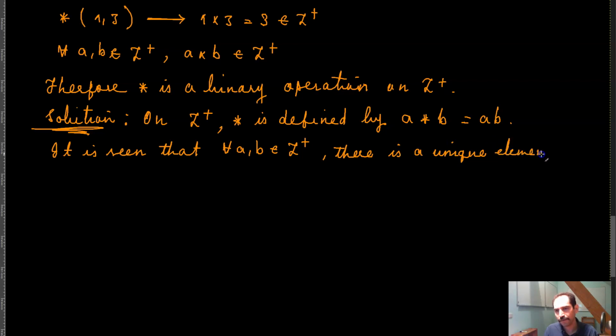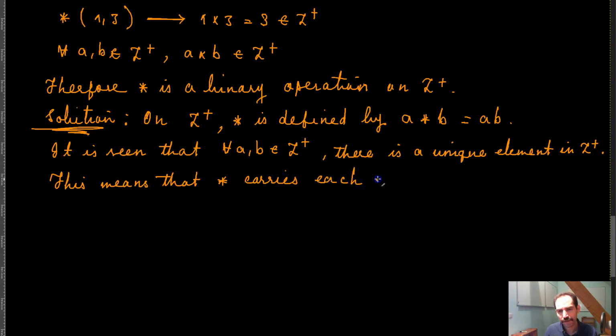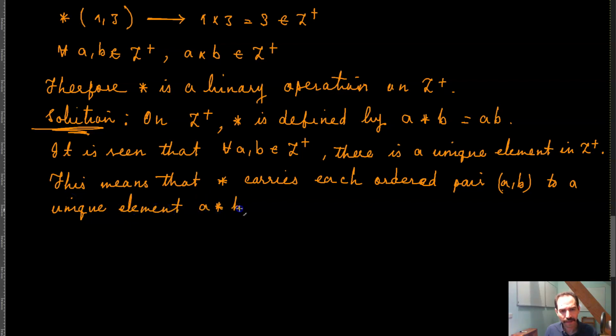This means that star carries each ordered pair A comma B to a unique element A star B, which is equal to A times B, in Z plus.